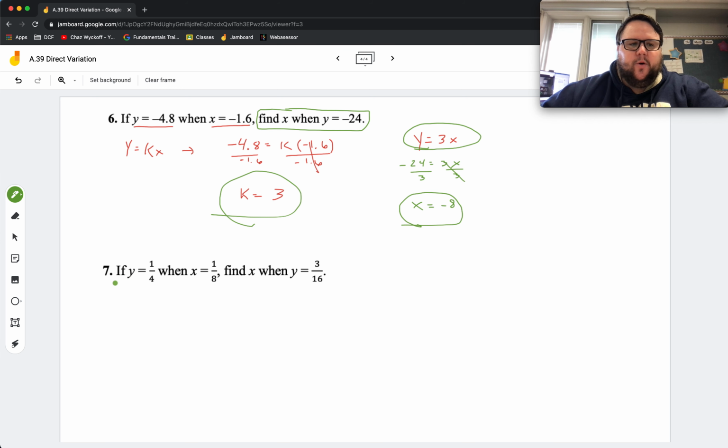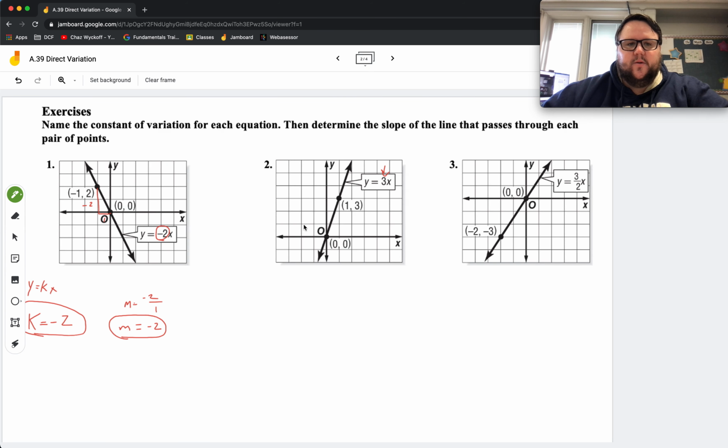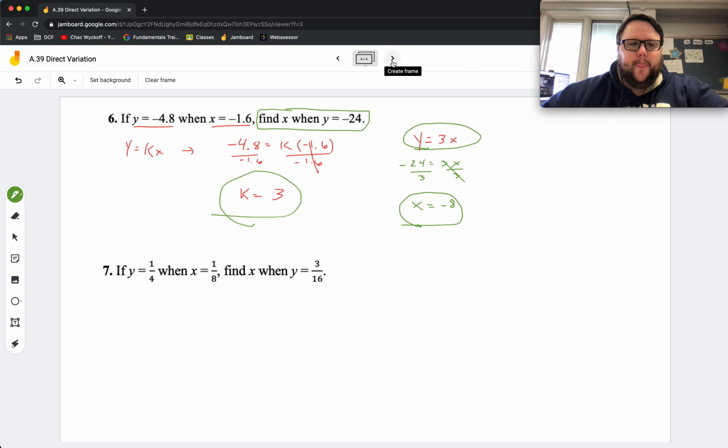Now we're going to do number 7 together, and then you guys will do numbers 4 and 5, 2 and 3 on your own. Okay. So I start off with my equation, y equals kx. Y is 1/4, so I get 1/4 equals k times x. X is 1/8.